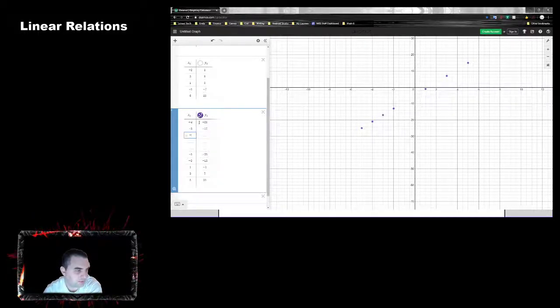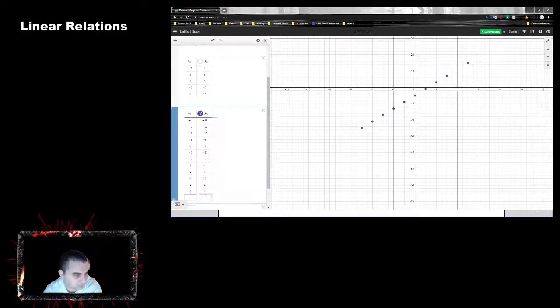So minus 2 should be minus 13, which it is. Minus 1 should be minus 9. And then 0, I would expect it to be minus 5. 1, I would expect minus 1, yes. And then 2, I would expect positive 3. And 3, I would expect positive 7, which I do.